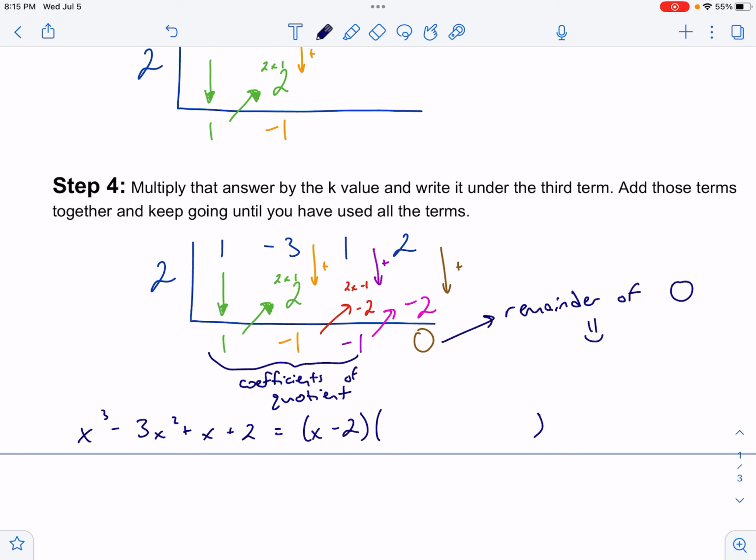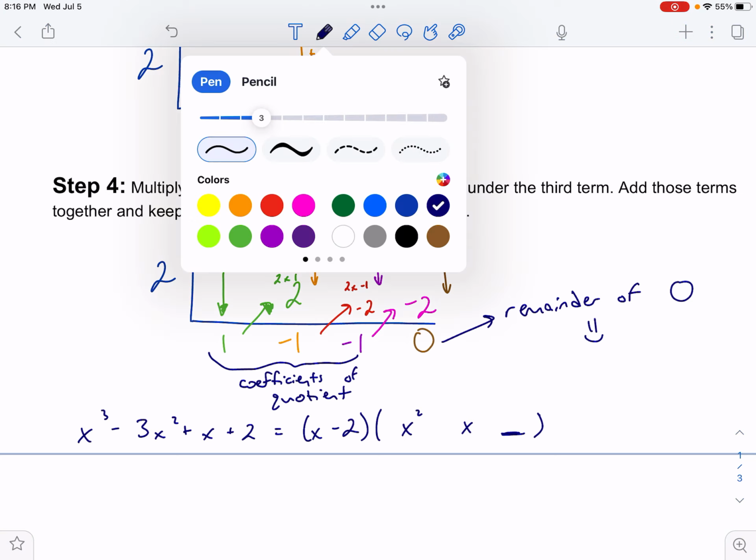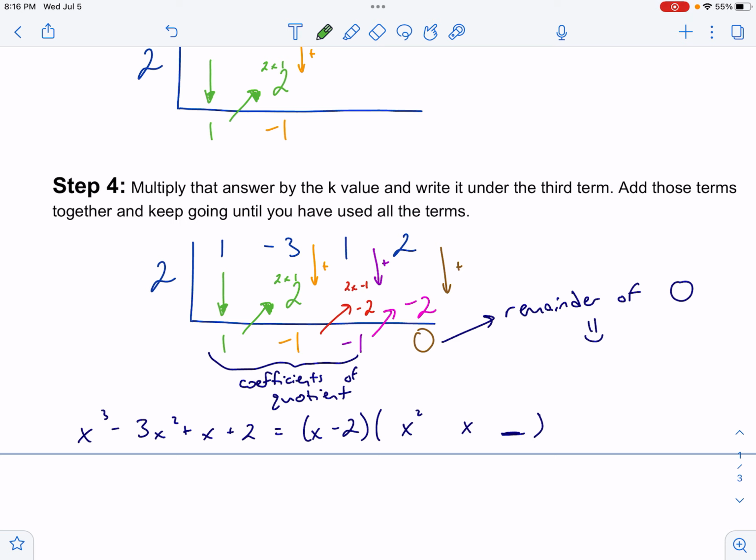We're literally just going to take 1 degree off of the first one. So we have x squared, then we'll have an x, and then this number will just be our whole number. All we're going to do is put the coefficients in front of them. My first coefficient is 1, I drop a 1 there.